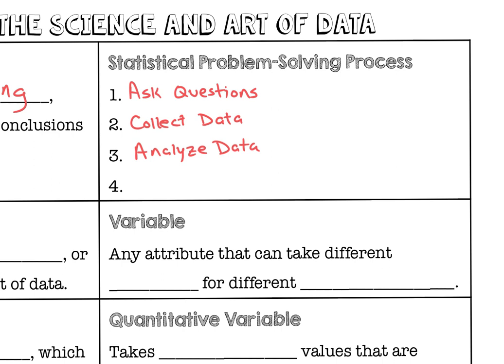And then from there, once you've analyzed it, you need to be able to interpret your data. Okay, you need to be able to interpret your data. So it doesn't do you much good if you have a question that you want answered and you collect your data and you analyze it right, but if you don't know how to interpret it, you're really kind of wasting your time there.